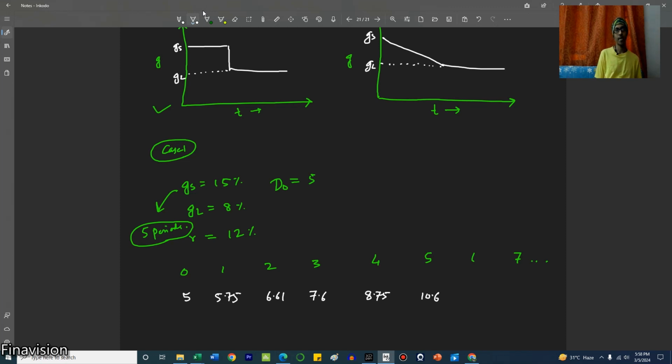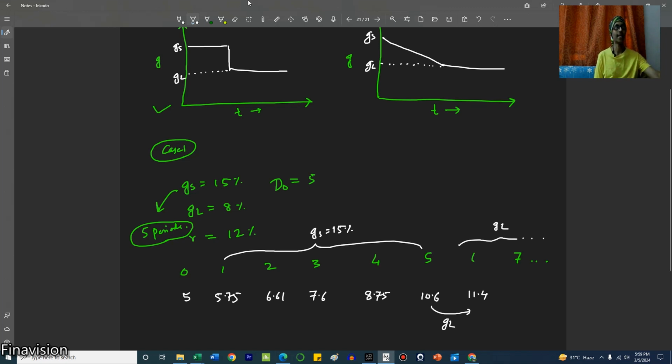Now from here we transition into the GL. Till now it was GS, which is 15%. Here it is GL and the GL is 8%. So this is equal to 11.4.